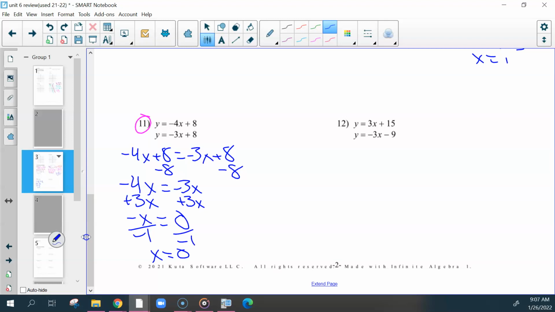Then I would put 0 in for x into the y equation. It doesn't matter which one, you're going to come up with the same answer either way. Which is 8. Really, we kind of knew that because our y-intercept is 8.